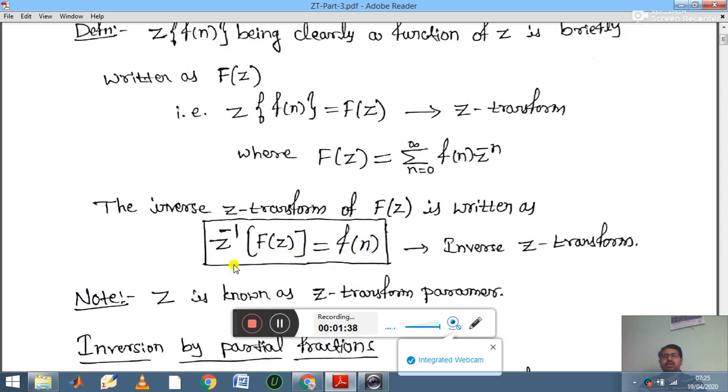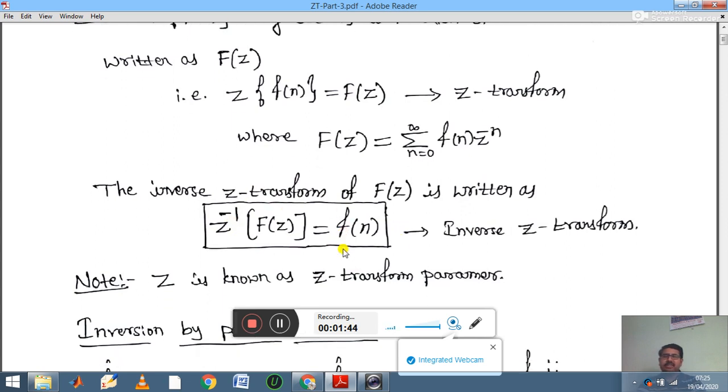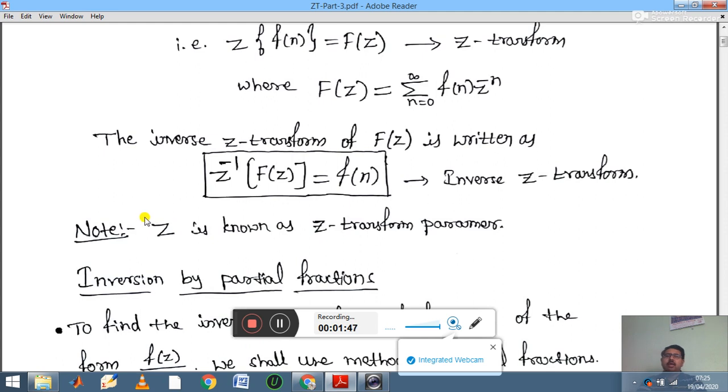So this is the notation or the definition of inverse Z transform. Here z is known as the Z transform parameter. If you remember, in Laplace transform, s is known as the Laplace transform parameter. In the same way, here z is known as the Z transform parameter.